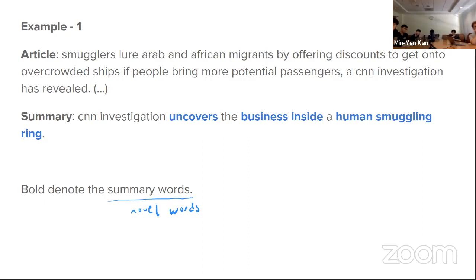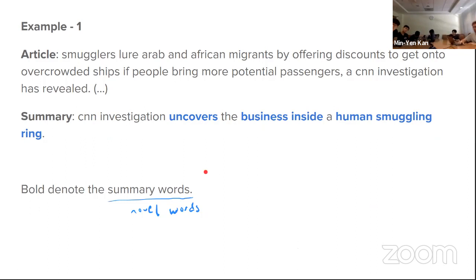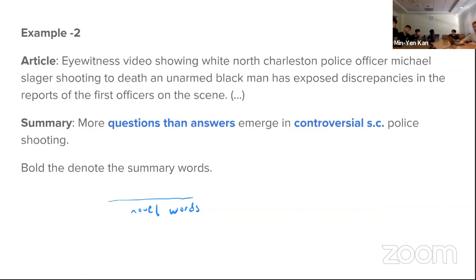This is figure 5 from their paper. These should be novel summary words. That means these are the words that came from the language model, the green part of the distribution in the previous slides.